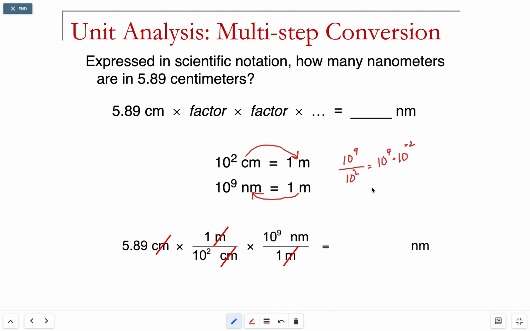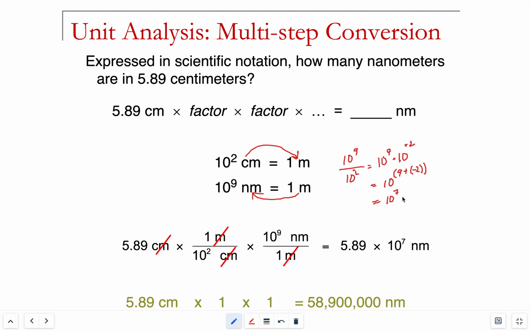And furthermore, since we have the same base 10, all we have to do is add the exponents together. So 9 added to minus 2 gives us 10 to the 7th. So that's our final answer. It's 5.89 times 10 to the 7th nanometers.